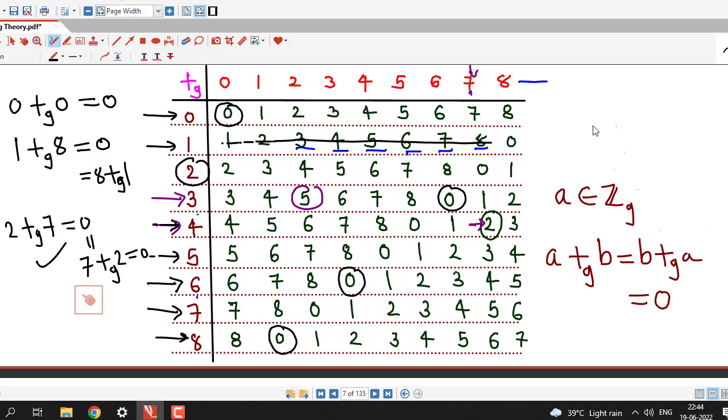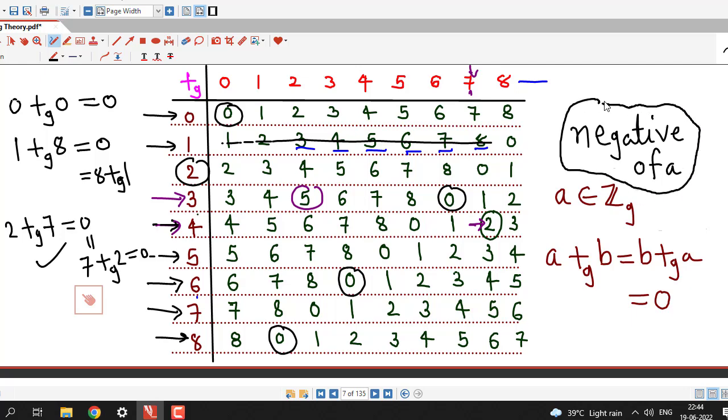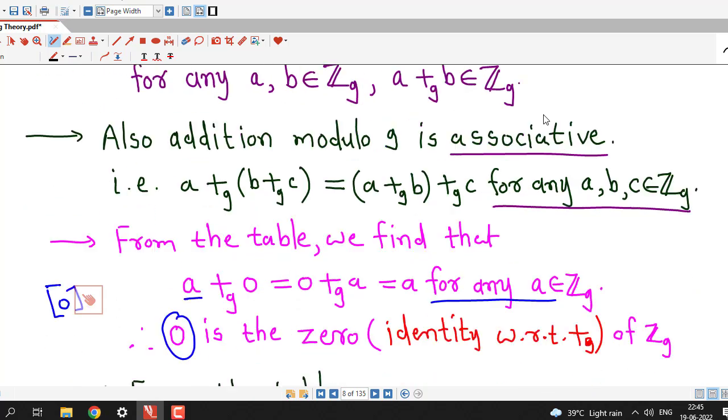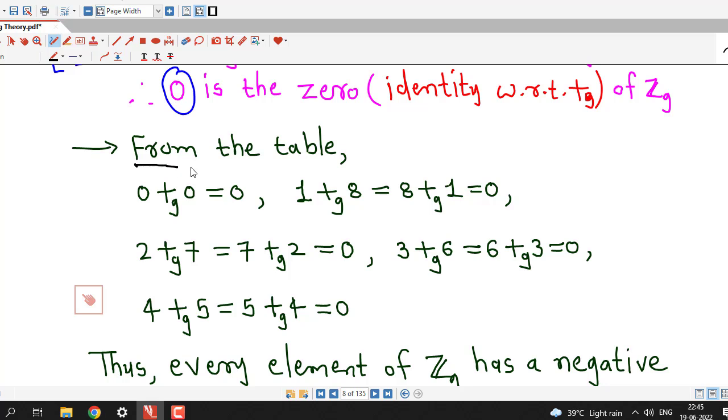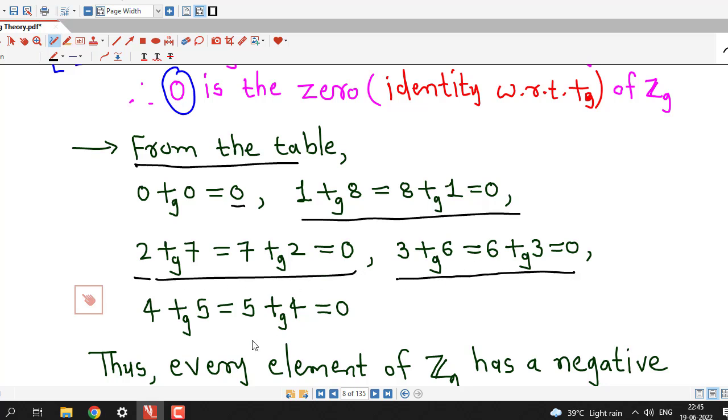Inverses with respect to addition operation are called negatives. In the algebraic structure ring, we use the word negative of A for the additive inverse, or inverse with respect to addition. So here I have written all these things which I discussed: 0 has inverse 0, 1 and 8 are inverses of each other, 2 and 7 are inverses of each other, 3 and 6, and 4 and 5 are inverses of each other.